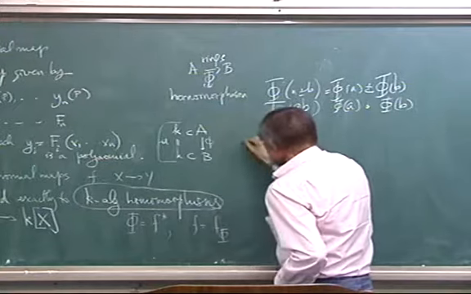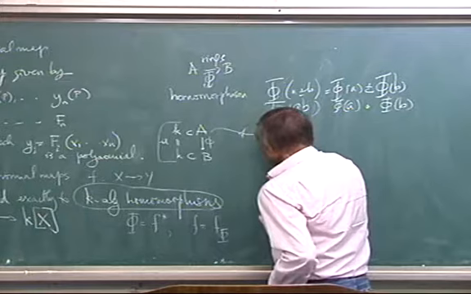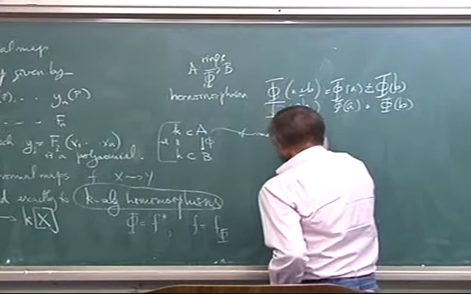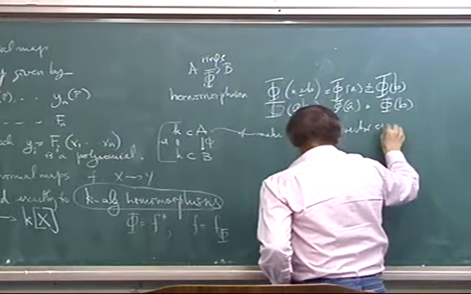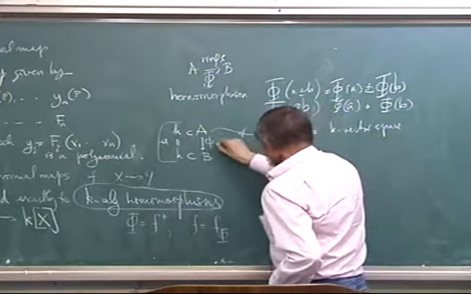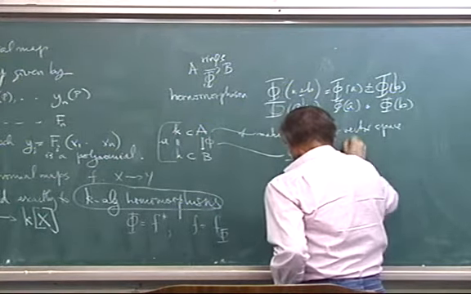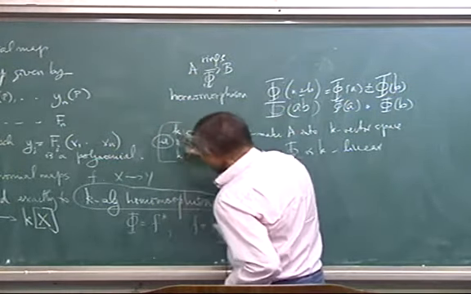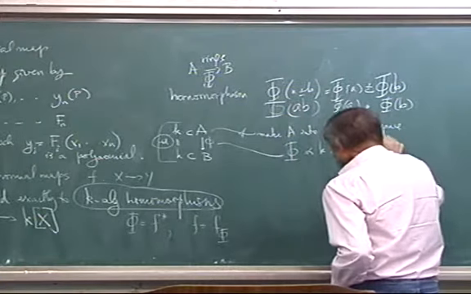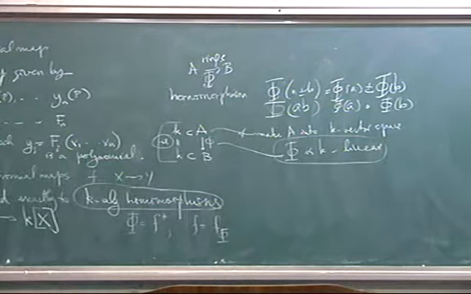This means in particular that A is a K vector space, and the condition here is that phi is K-linear. So the condition that it's the identity from K to K, and that it's a K-linear homomorphism between vector spaces, are the same condition.